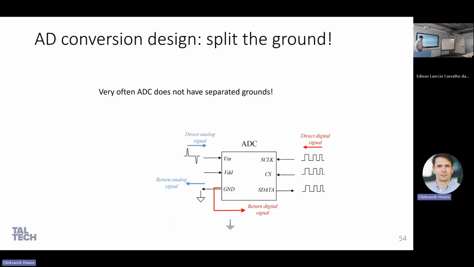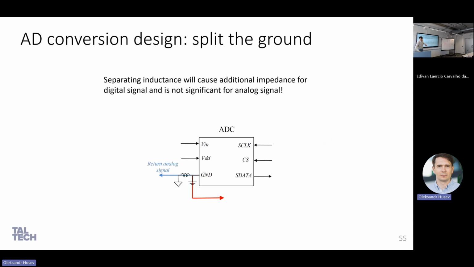One of the obvious solutions, okay, you can even split these grounds here, or you can do something like this. You can put a ferrite bead between them. You can split them. Why? Because a ferrite bead is a huge impedance for digital signals, but almost zero impedance for analog signals. Right? This is one of the common approaches that you have to do. Okay?